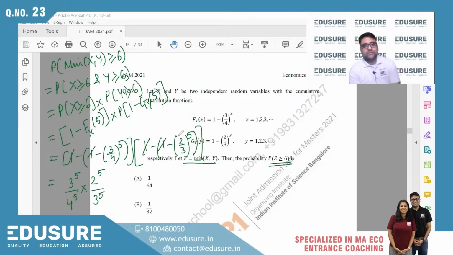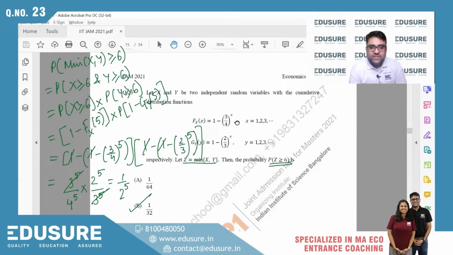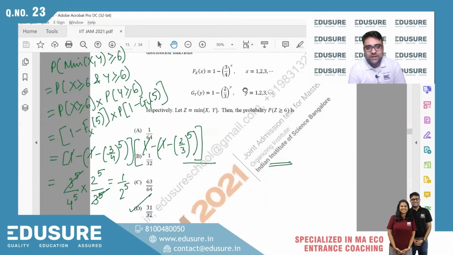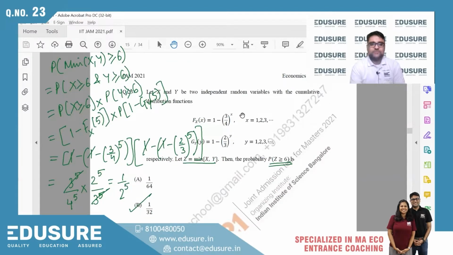The 3s cancel. 2 by 4 is 1 by 2, so this becomes 1 by 2 to the power 5, which is 1 by 32. Done. It is so easy. 1 by 32 will be my answer.